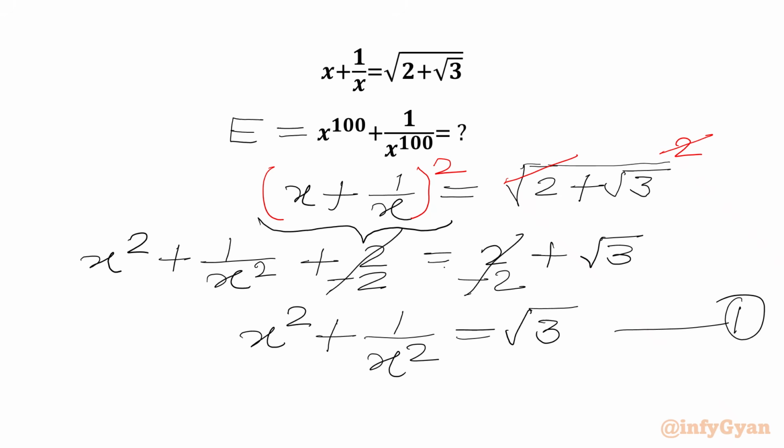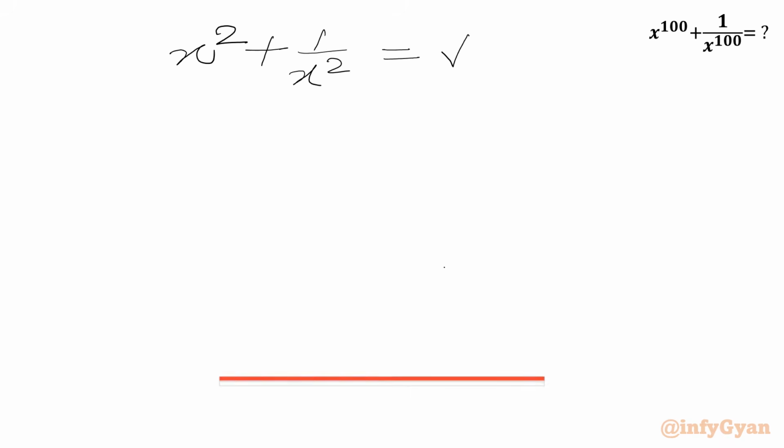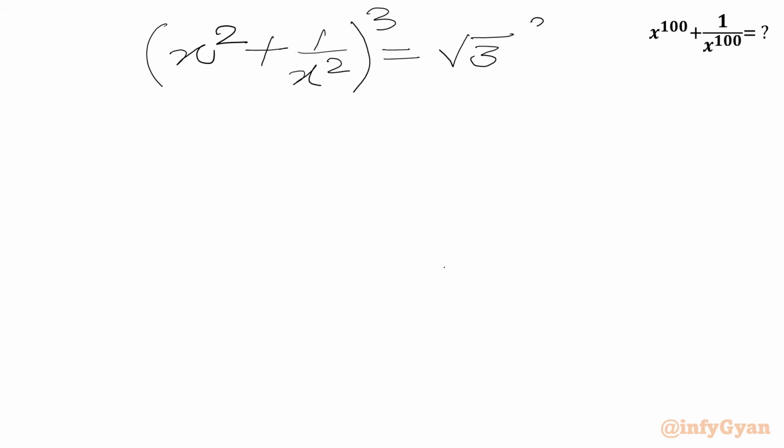We will consider cubing both sides. So I will write here x square plus 1 over x square equal to square root 3. Now we will put power 3 on both the sides. We'll be using the a plus b whole cube identity in the left hand side.